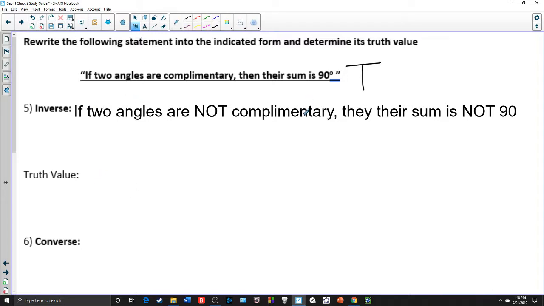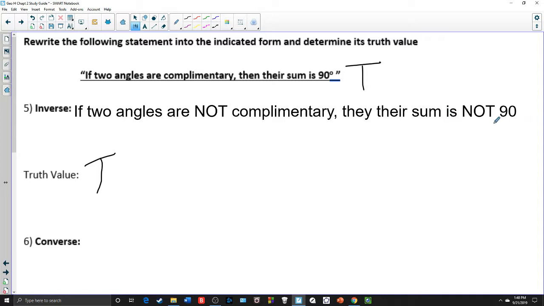So if they are not complementary, then they do not add to 90. Well, if this was false, I'd have to think of a counterexample to prove that it's false. So are there examples of angles who are complementary but don't add to 90? Well, no, because in order to be complementary, you have to add to 90. That's the rule. That's the definition. So this is also a true statement, because if they're not complementary, that would mean they don't add to 90.